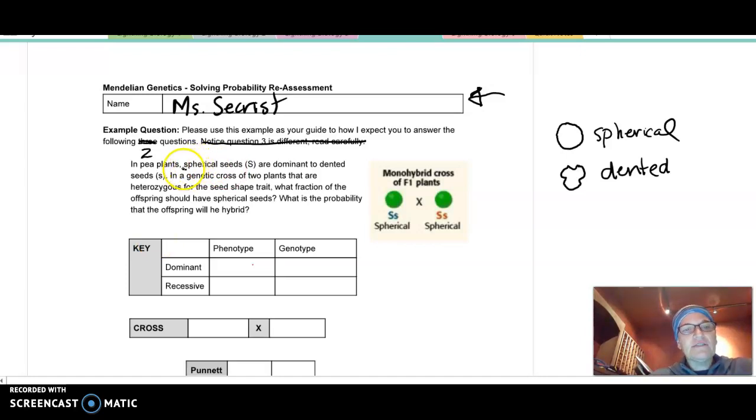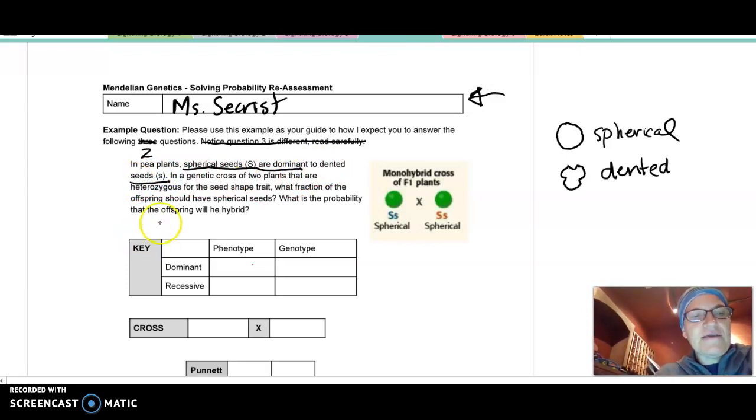It tells us that spherical seeds are dominant to dented seeds. So what we're going to do here is go down to my key and fill in the key. What is the dominant phenotype? The dominant phenotype is spherical.